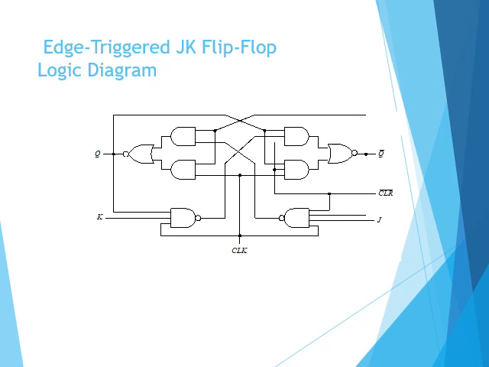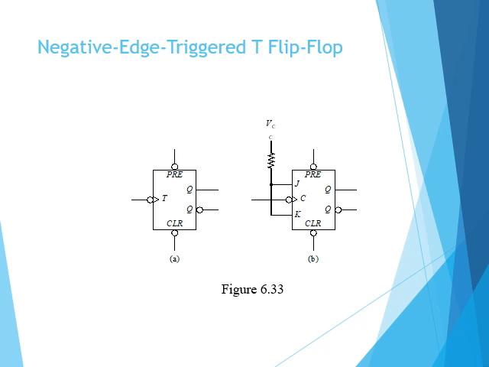Then edge trigger means using the cross connection, the output is given to the next one's input and this one is given to this input. Like that we have the JK flip-flop logic shown here. It is a JK flip-flop, and the cross connection is enabled in the edge triggered one. Then the negative edge triggered T flip-flop is shown.